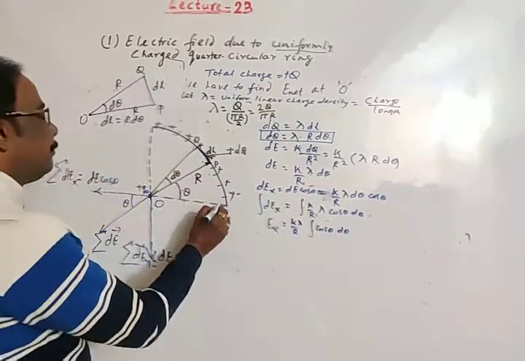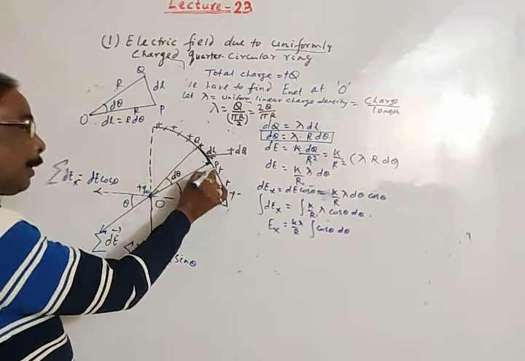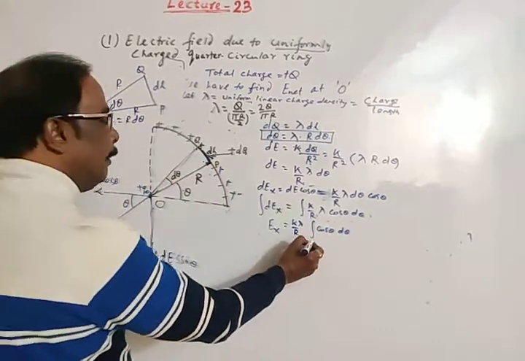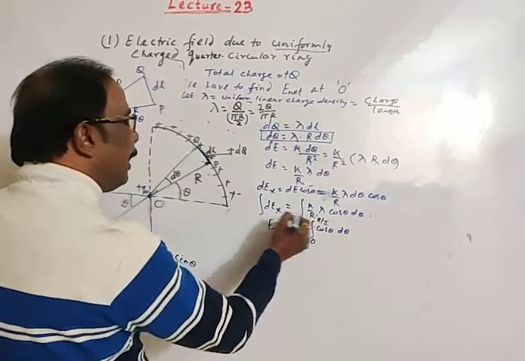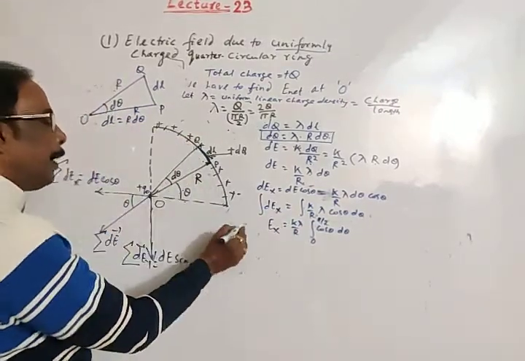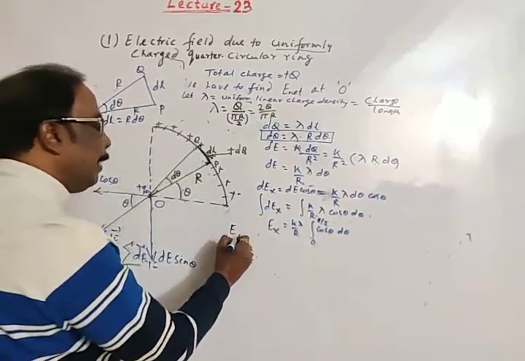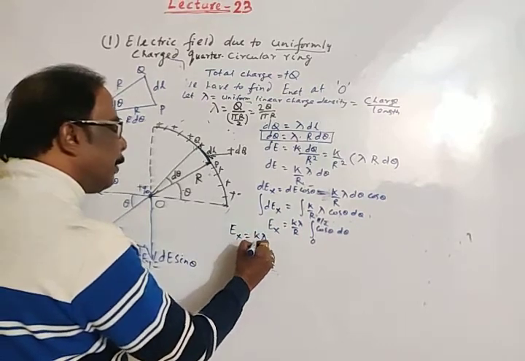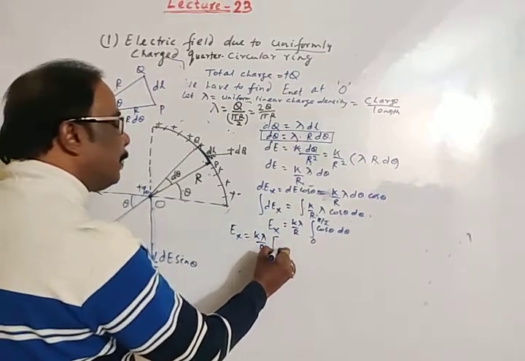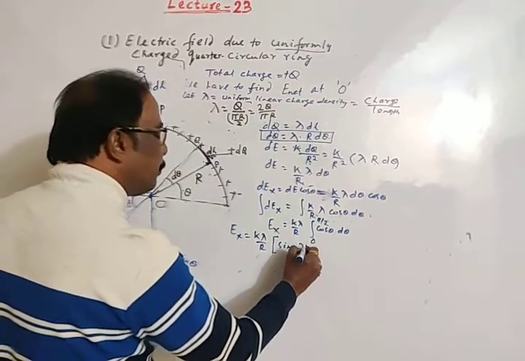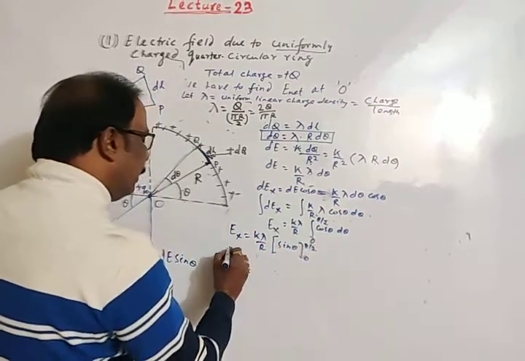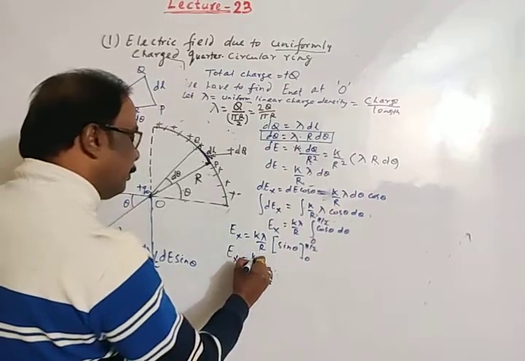The limit to cover the whole quarter circular path, the angular limit, will vary from 0 to pi by 2. Integration of cos theta is sin theta, with limits from 0 to pi by 2.